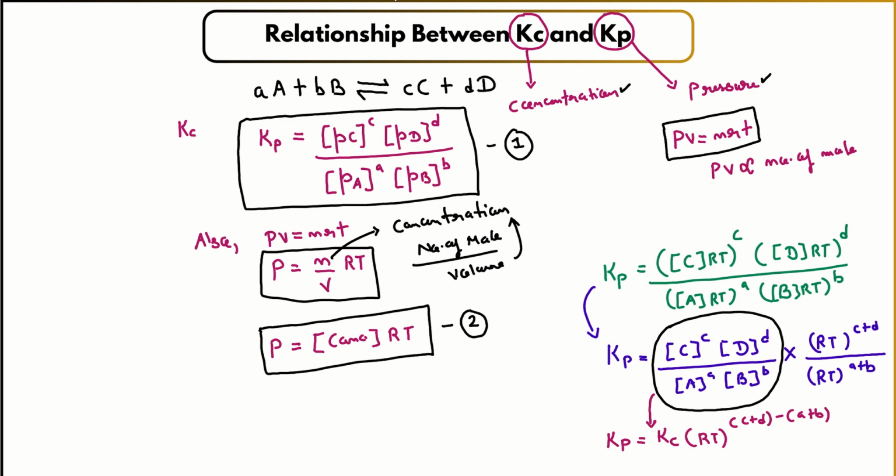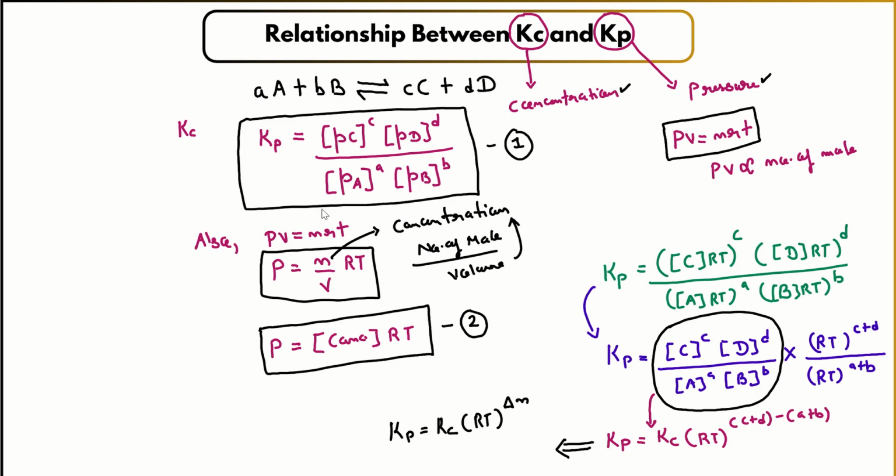Now in short I can write this expression also as Kp is equal to Kc times RT raised to the number of moles of product minus number of moles of reactant, which I can simply denote as delta n.